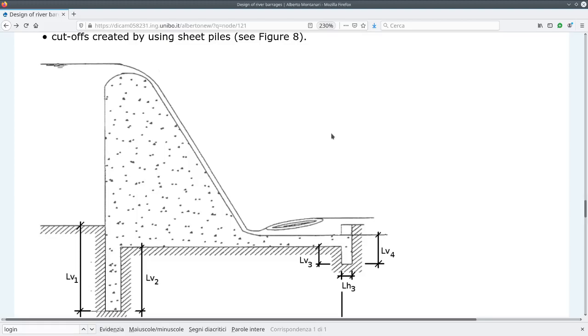For this reason, when the barrage is important, these types of spillways are designed through small-scale lab experiments. By doing many of these experiments, people were able in the past to propose an empirical mathematical relationship to describe the shape of this spillway.